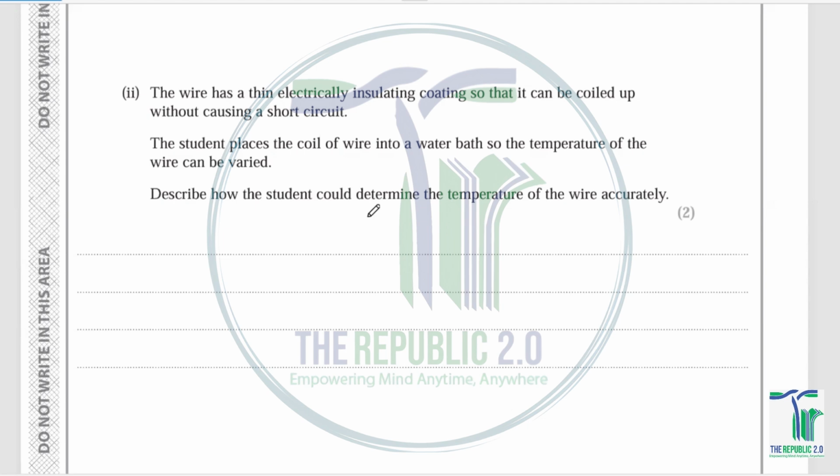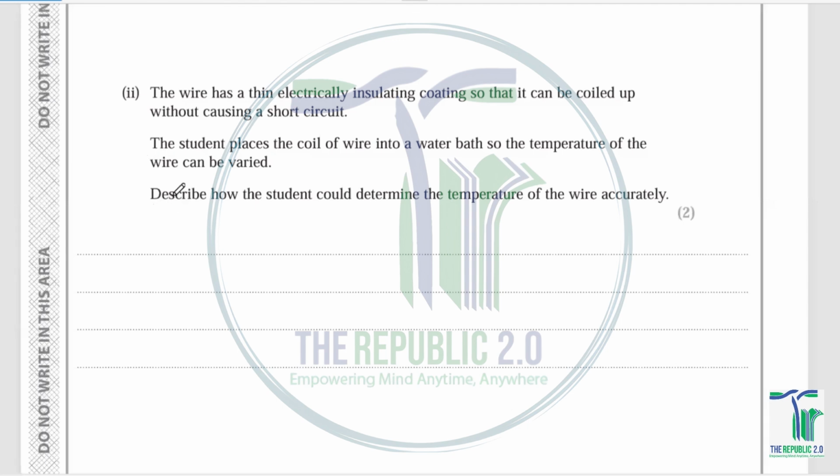So what is he going to do? He can use a thermometer to measure the temperature of the water. He's just going to place that wire into the water, and then he can stir the water for the uniform spread of the temperature. Once the temperature is spread uniformly, he can use the thermometer to get the final temperature.